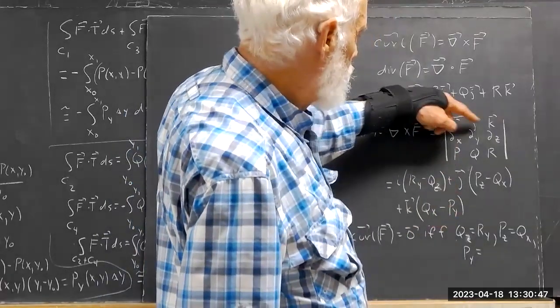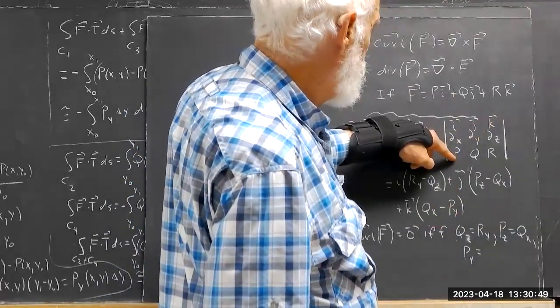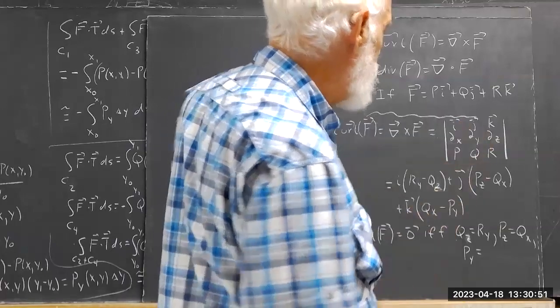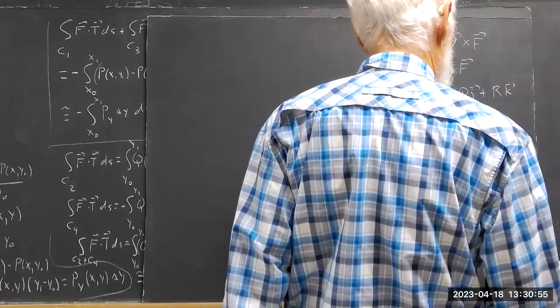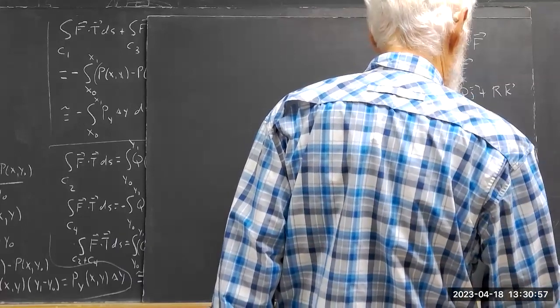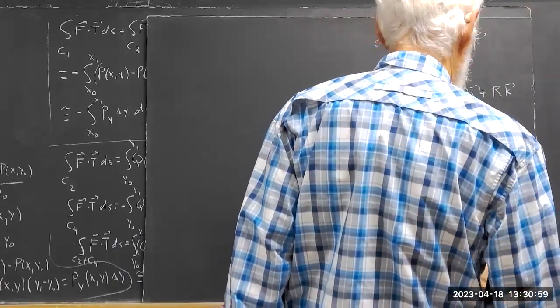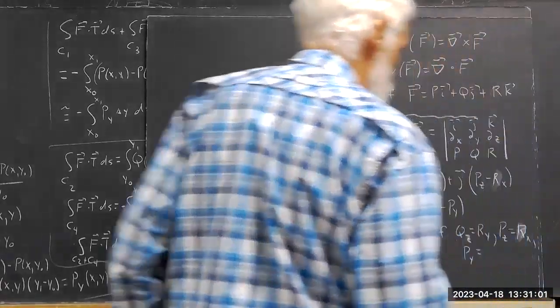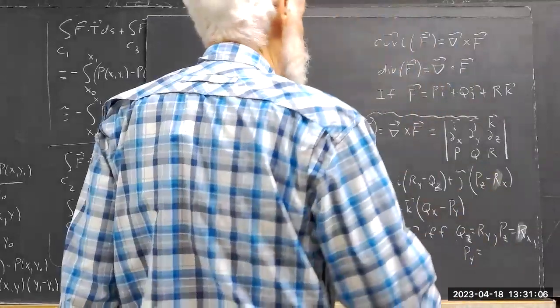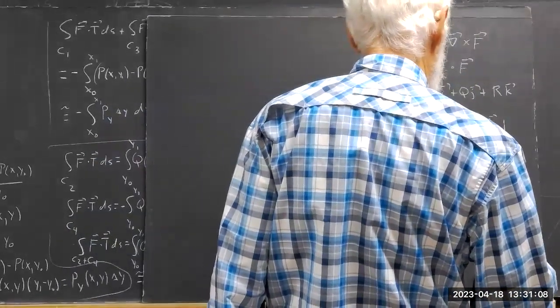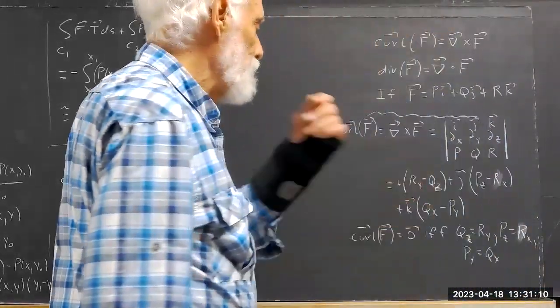On J, you're going to get PZ and RX. P Y equals QX, okay? I think those are right.